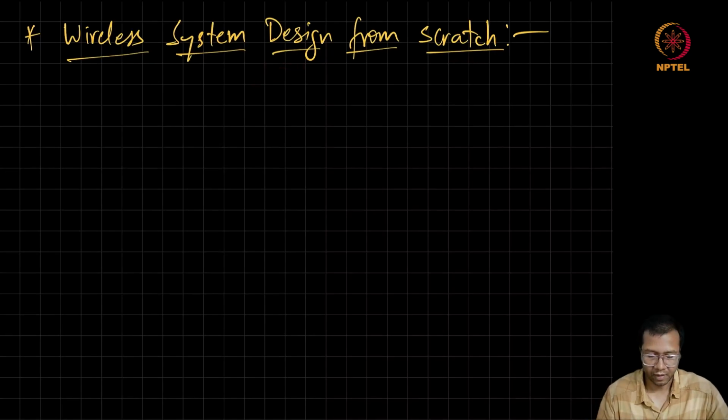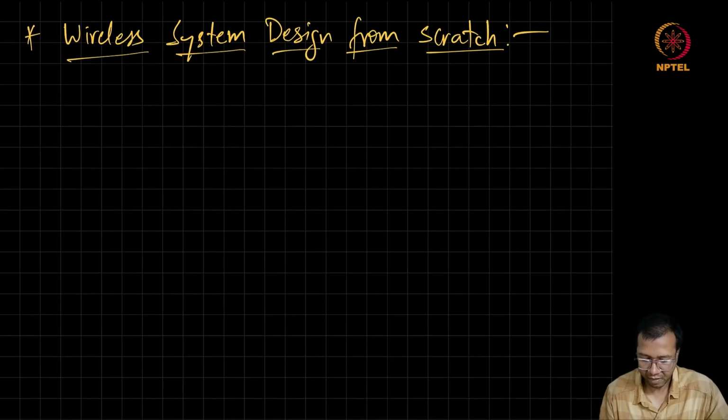As we move along, we'll try to understand the practical difficulties and what we can do to solve those problems. To start building a practical wireless system, let us start with the simplest requirement.